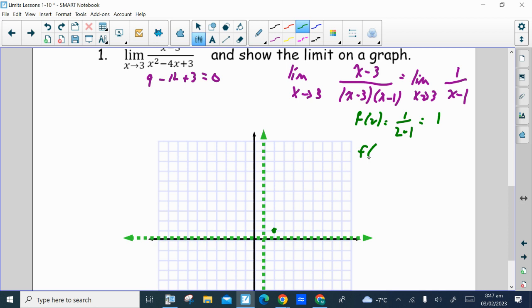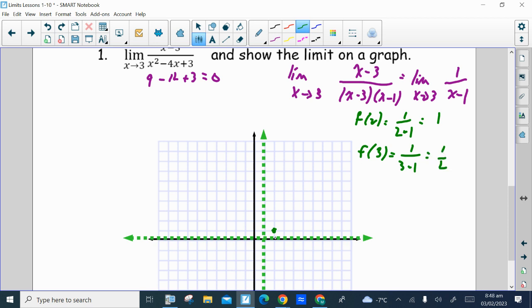We can actually find the value for f at 3 because with the simplified function, 3 is not a non-permissible value. That is what the limit is approaching. For the original function, 3 is non-permissible, but for the simplified one, it's not. So we can find out what we get when x equals 3. That'll be 1 over 3 minus 1, or 1/2.